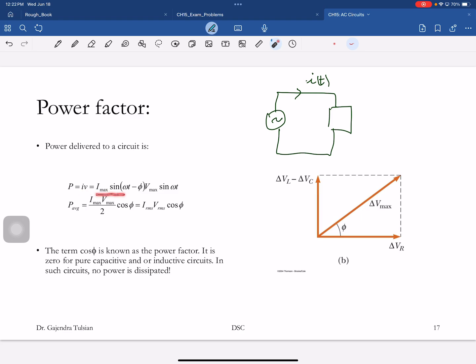There is the current delivered to the circuit, and there's the voltage. Of course, this is changing quite fast, and so we're not interested in the instantaneous values. We're happy with the average power.